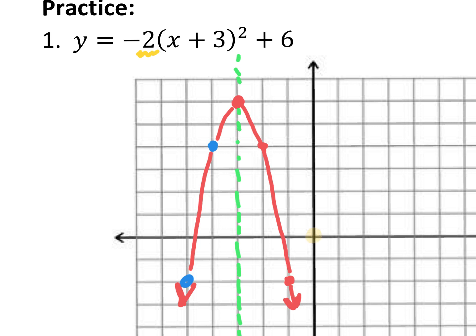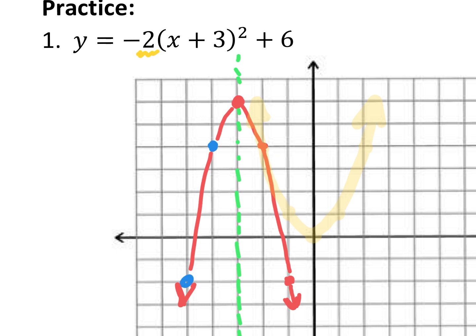It had the vertex 0, 0, the coordinates 1, 1, 2, 4, and 3, 9, which is off the graph. So my original parent graph would be something like this. The y equals x squared, okay? Now the question is, what are the transformations that the original parent graph goes through to get to this new one?